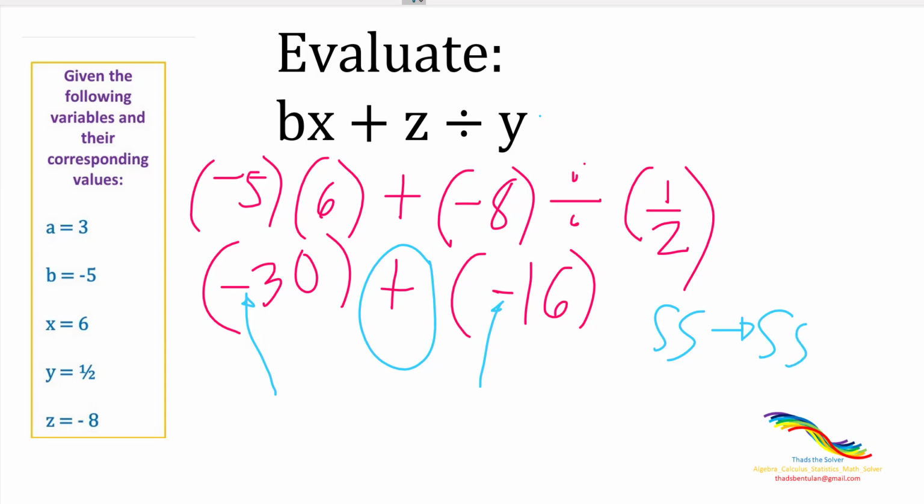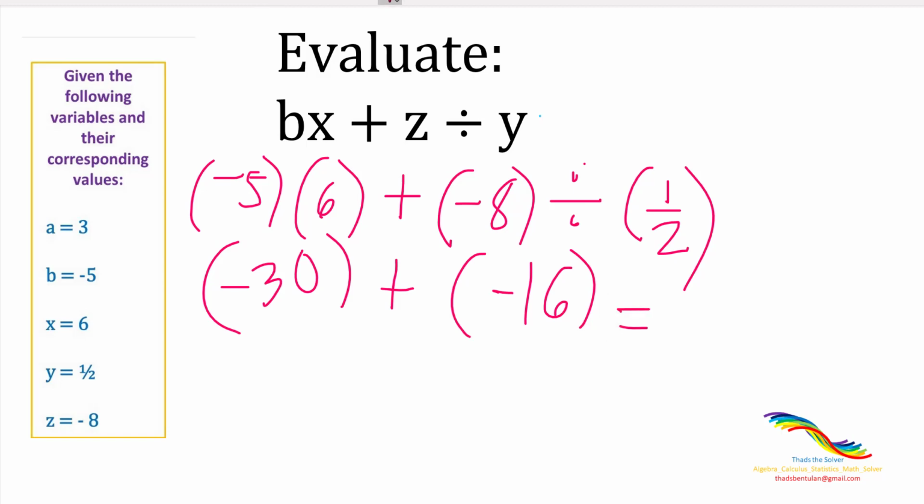They have the same sign, SS. So to simplify, this becomes -46. That's 30 plus 16, and you take the sign of the numbers. So that's -46.